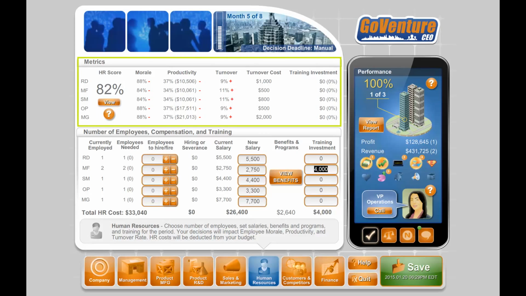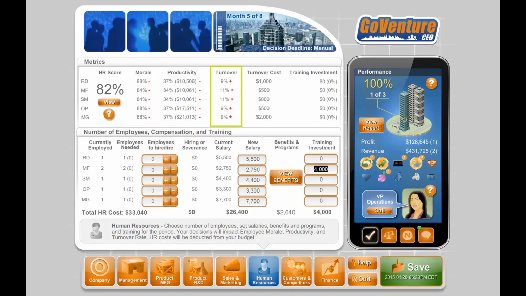You can track the various human resources metrics here. Morale represents the emotional well-being and attitude employees have towards their work environment, and employer. Morale is affected by compensation, productivity, and company reputation. Productivity is the labor output of one employee for one period. Productivity is affected by training, turnover rate, and morale.